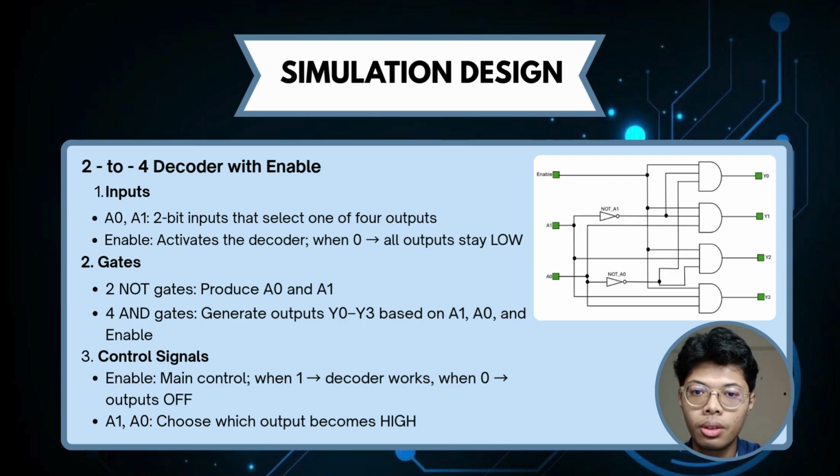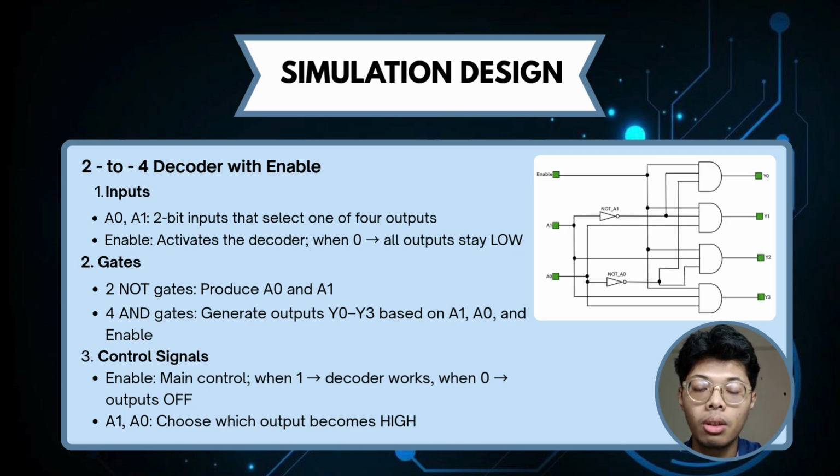And lastly, for the control signal, enable is the main control. When enable is 1, the decoder works. When enable is 0, outputs are off, meaning it serves as the main activation signal. The decoder only works when enable is 1.